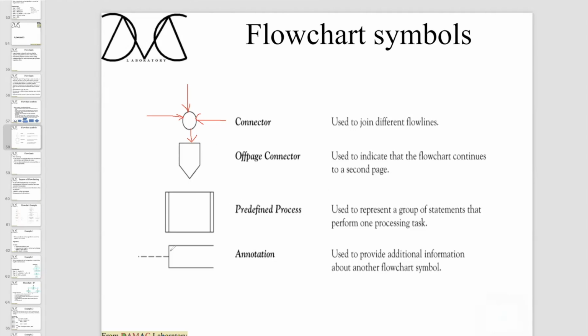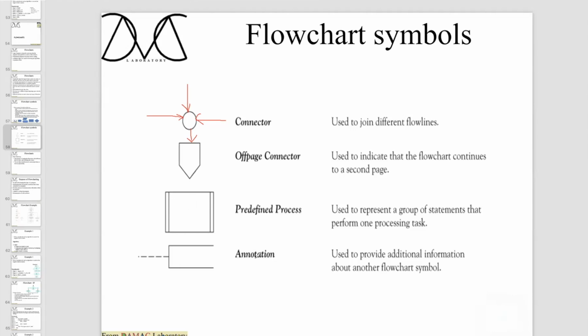We use this symbol to represent that there is some process which is already solved in some other flowchart or diagram, where we solve some small problems, and we want to identify that small flowchart as a predefined process. We can use this symbol to write the name of that flowchart, and denote that it can be used in this place as a small predefined process.